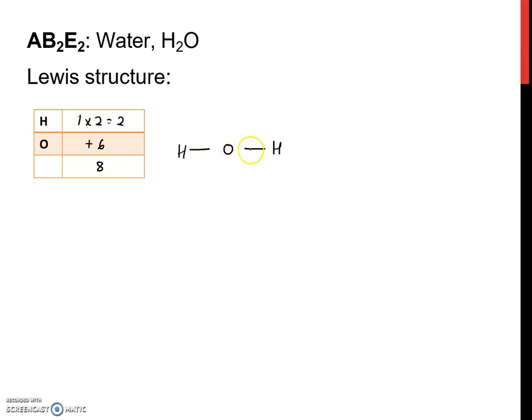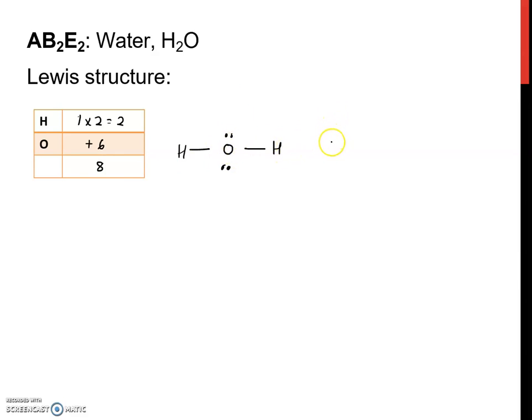So 1 and 2 are shared and left 3, 4, 5, 6. So 8 minus 4 is 4 non-bonding electrons, or 2 lone pairs on the central oxygen.